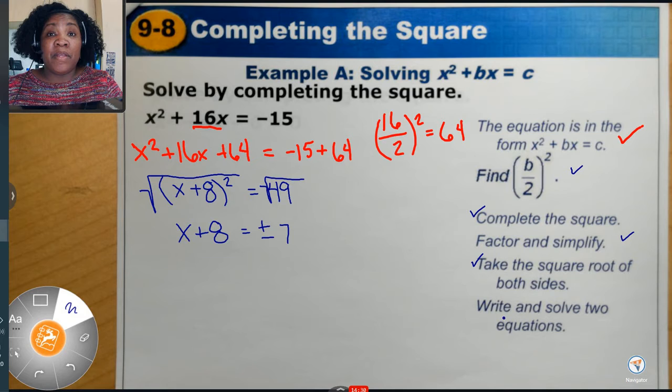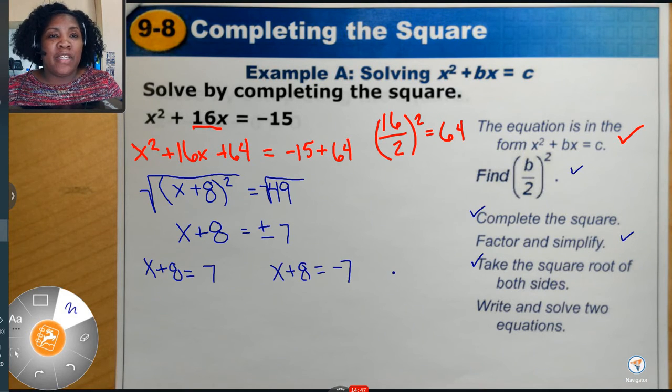Our last step is to write and solve the two equations that are presented here. So this is x plus 8 is equal to positive 7. And we also have x plus 8 is equal to negative 7. There's where the two equations come from.